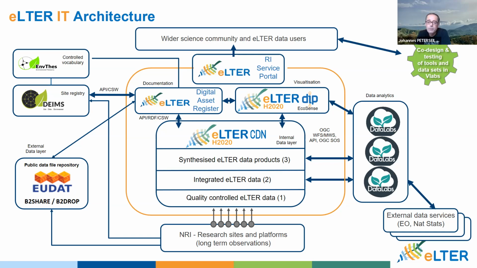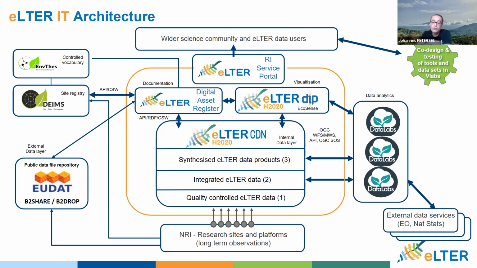There is a component called the eLTER data labs, which allows developing analytical pipelines and data processing chains. And there it's also quite an important point, what we are also doing in the BioDT project in work package 5: how these workflows can also be documented and described in a FAIR manner and linked to the data products, which is the part where we are working on provenance and a provenance model on how to link this information.